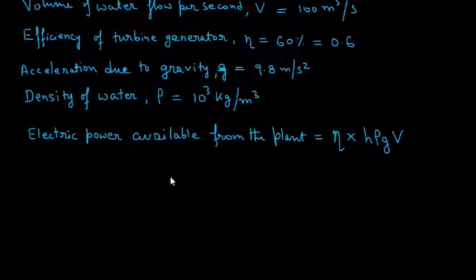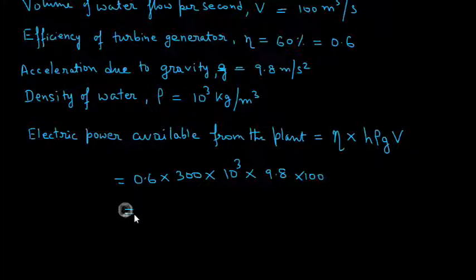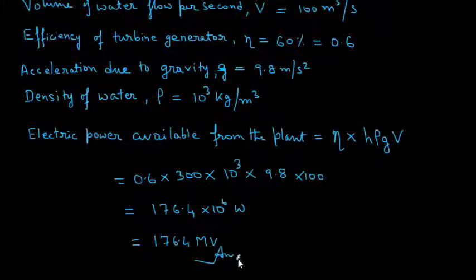You have to remember this formula. So 0.6 multiplied by 300 multiplied by 10 to the power 3 multiplied by 9.8 multiplied by 100. Upon solving, we got 176.4 into 10 to the power 6 watt, which we can write as 176.4 megawatt, and this is the answer.